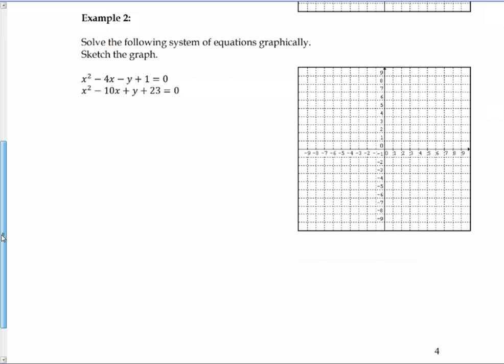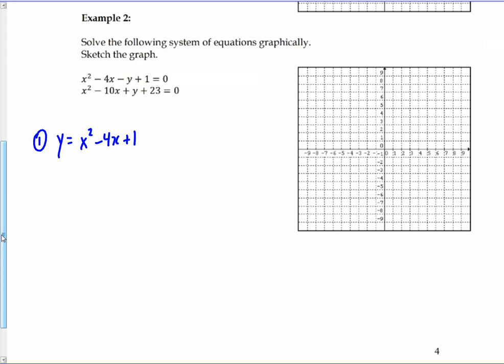Okay, let's go to example 2. Example 2 is a quadratic-quadratic system, and it says solve the following graphically. What's wrong with our equations? They're not y equals. How do I make the first equation y equals? Add y. So we get y equals x squared minus 4x plus 1.